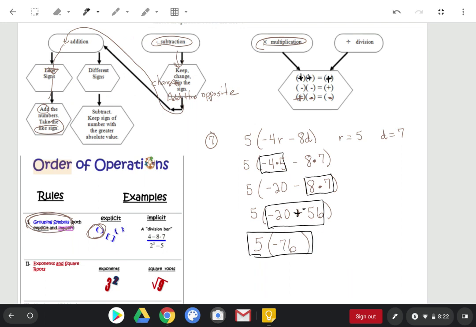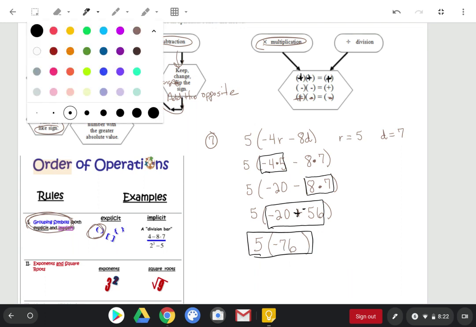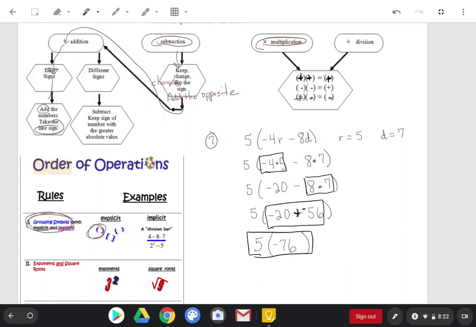Again, we've got to use our rules, and our rules tell us a positive times a negative is a negative. So our answer is negative. And then we've got to figure out what 5 times 76 is. 5 times 70 is 350. 5 times 6 is 30. 350 plus 30 is 380.